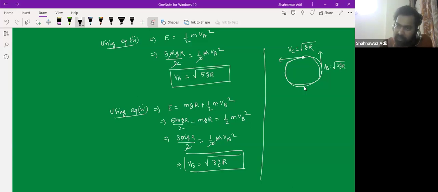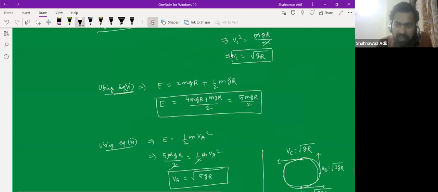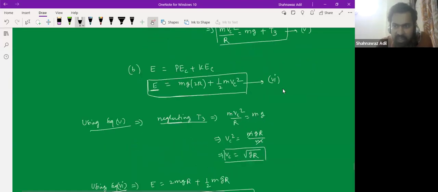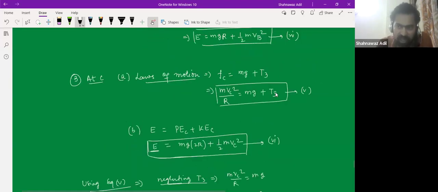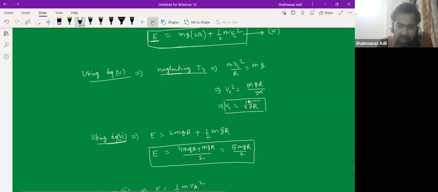And at this place, velocity is maximum. So this is root 5gr. Right? And this is the minimum tension that we have considered. This T3 can be anything, but we have considered that this T3 is minimum, that is 0. Then we have got these results, right?